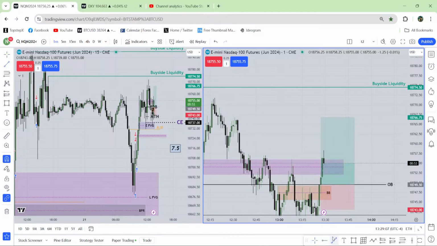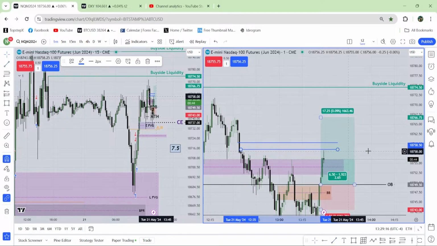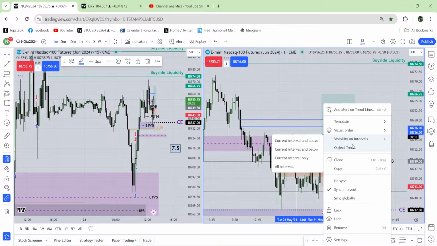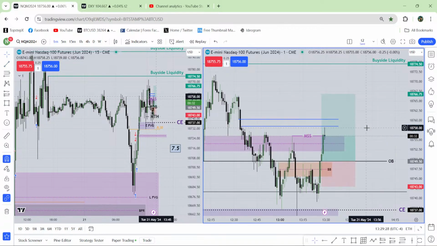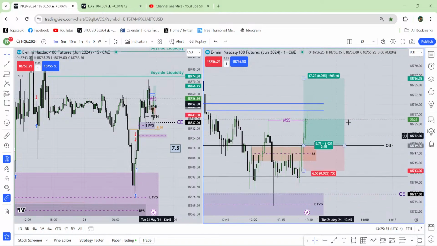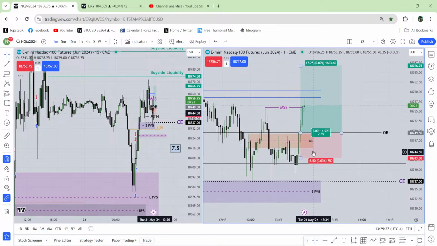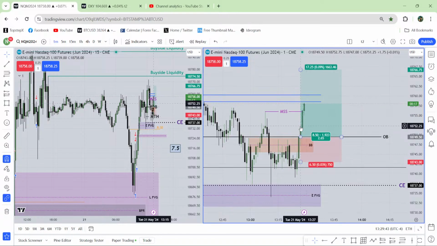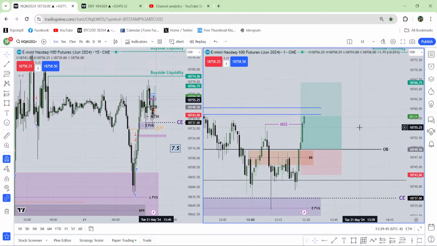Over here, this is the gap which is important. Keep that in your mind. This fair value gap is extremely important. I got the market structure shift over here, and see this fair value gap, I believe it doesn't want to give me the perfect setup.